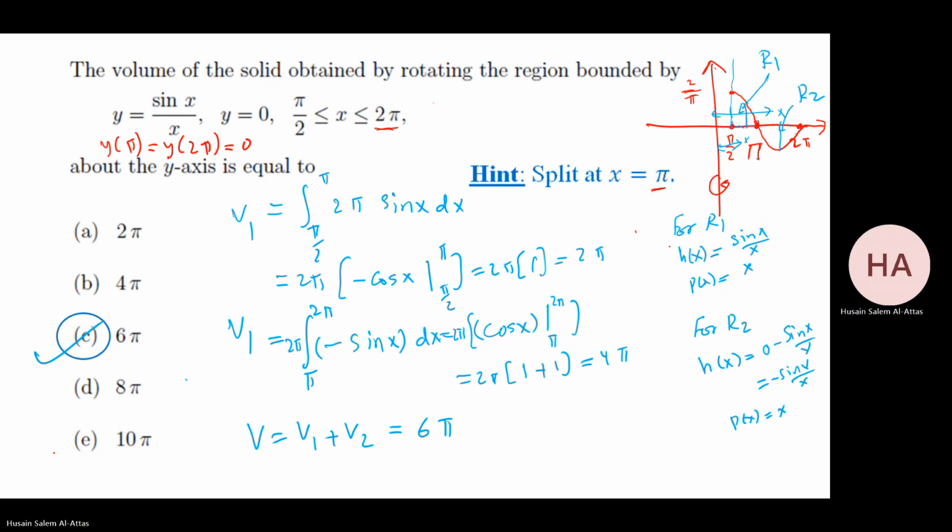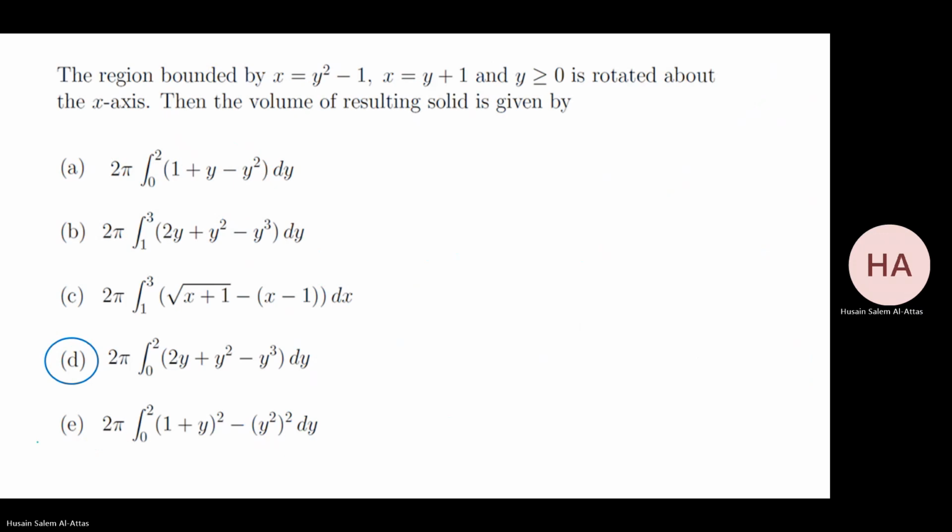Okay, then next is this one. Graph the function x equals y squared minus 1. That is a parabola opening to the right. I have y equals 0, and this is minus 1, so it goes something like this. This is my parabola. And x equals y plus 1. It means at y equals 0, x equals 1.